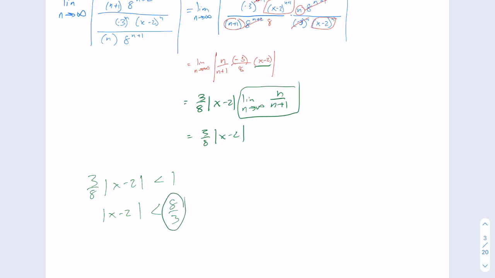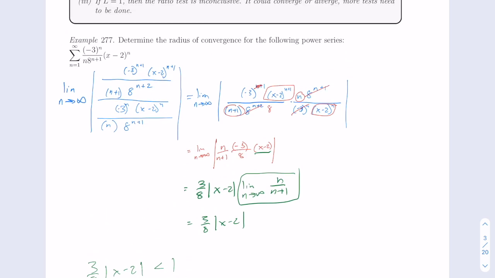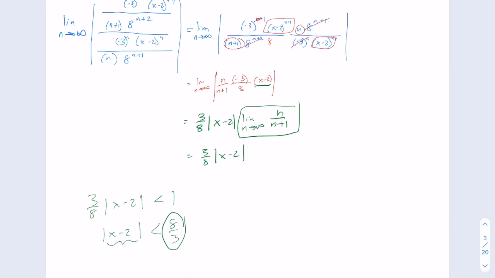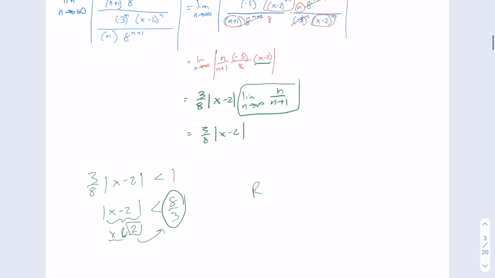The question was only asking me for the radius. Determine the radius of convergence. And this is the distance between x and 2. So this just means that it's centered at 2, and as long as x is within 8/3 from 2, then it will converge. So the radius of convergence is 8/3.